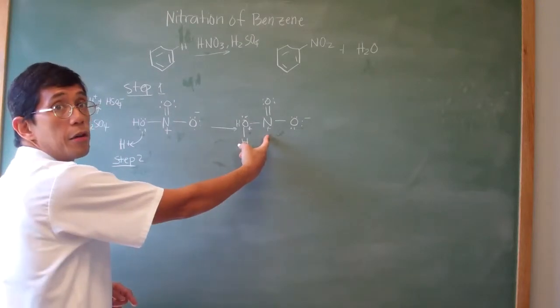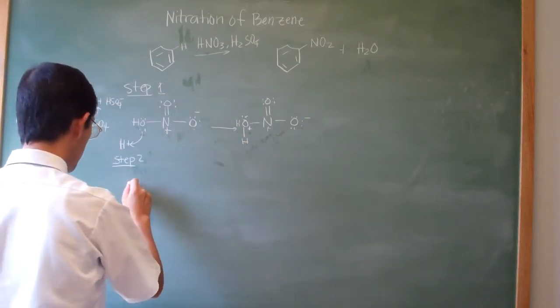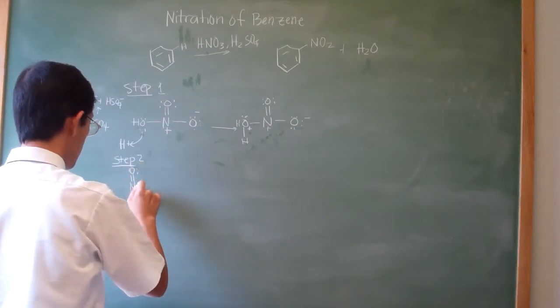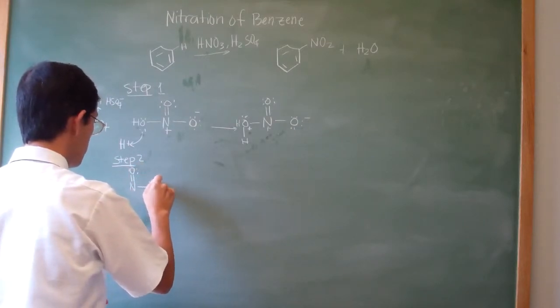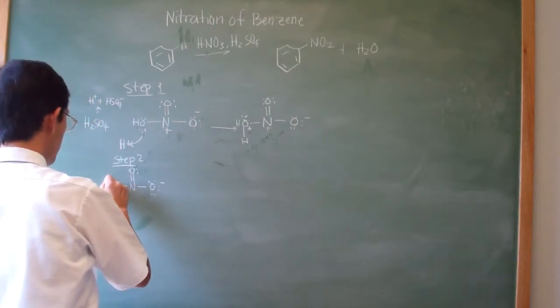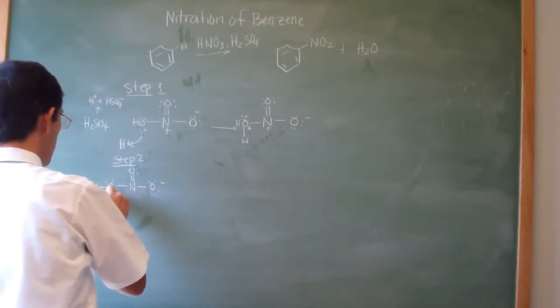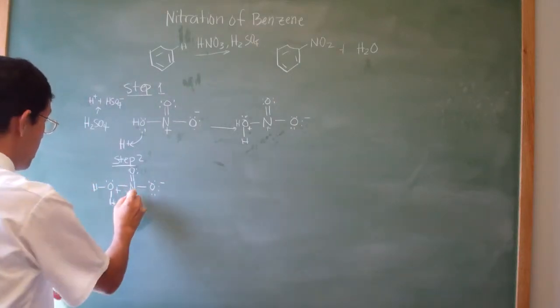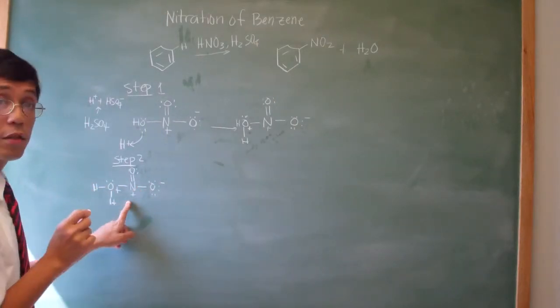So this is our starting material for step 2. Double bond O, single bond oxygen, 3 lone pairs negative, oxygen, H plus. Alright, so a plus charge right next to a plus charge.